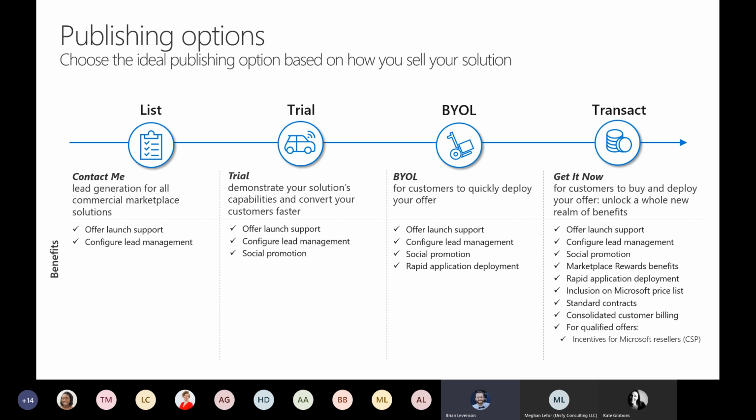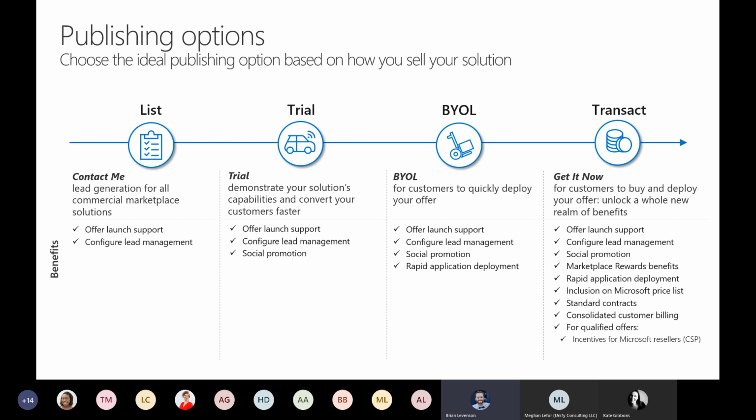Microsoft will not change the price. There is a transaction fee, and we can speak to that a little bit. But in terms of the relationship between you as the software provider or services provider and the customer, Microsoft is accountable for billing and collections. The customer signs an agreement with you for the terms of use of your product, and you define the price.